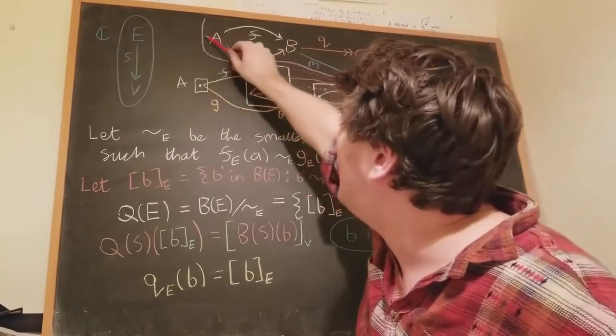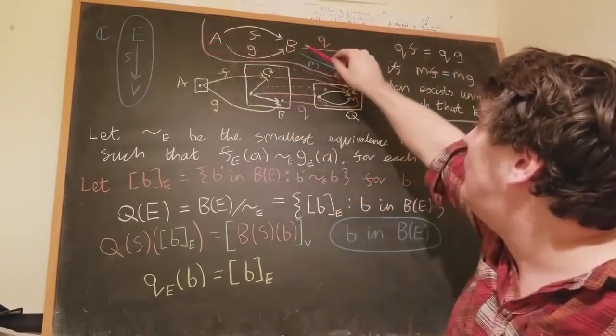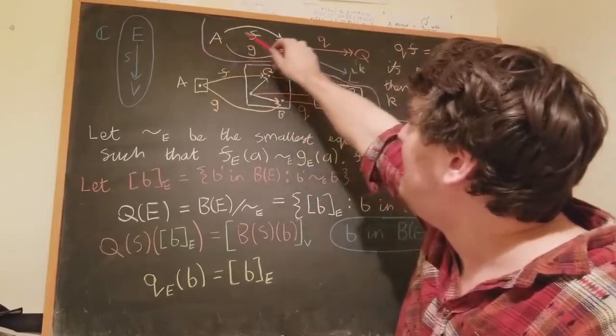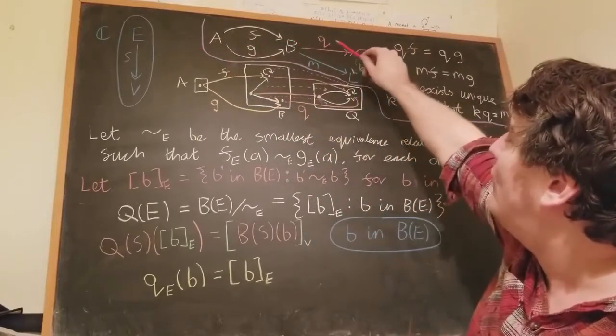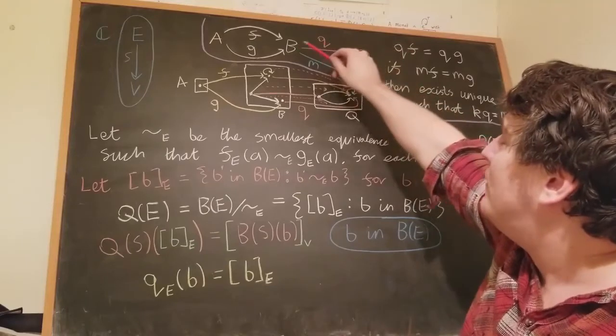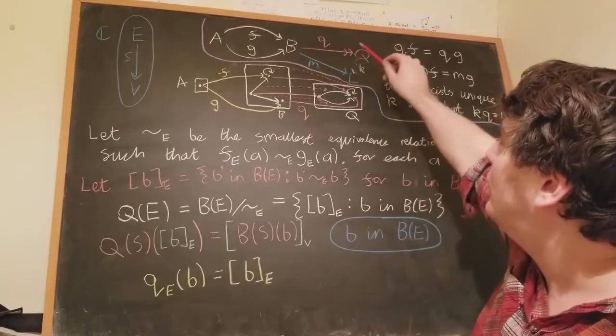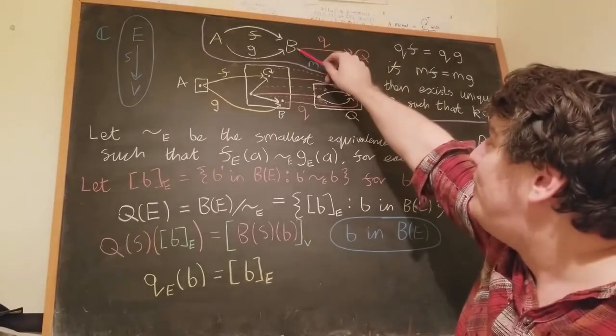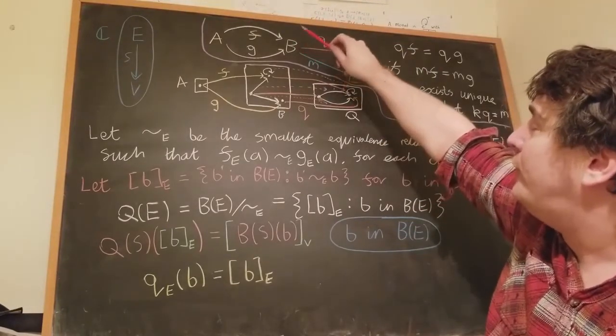Well, the co-equalizer is not a monic into A, it's an epic out of B. Basically what this does is it sticks together things in B. And what stuff does it stick together?